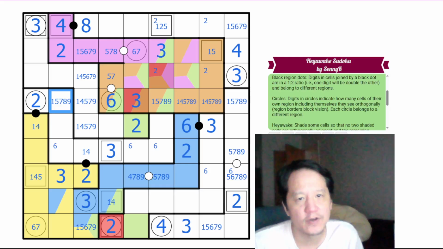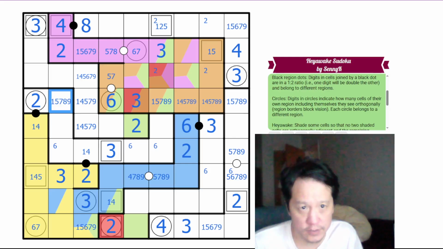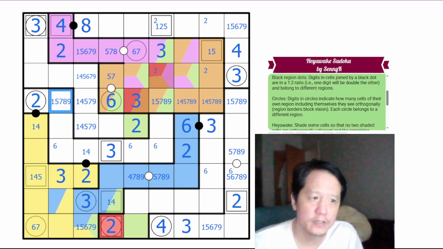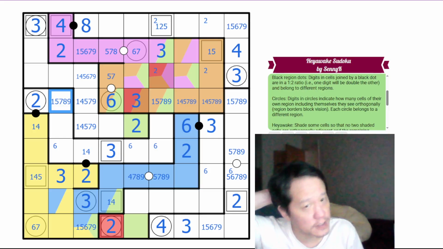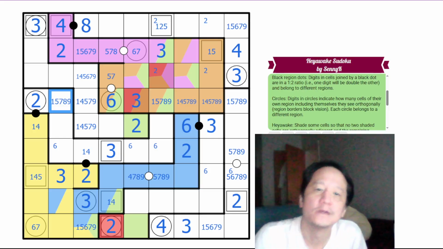Pink doesn't have access to a 4, though. Pink has 4. So how does pink have 4 shaded cells is kind of the question.